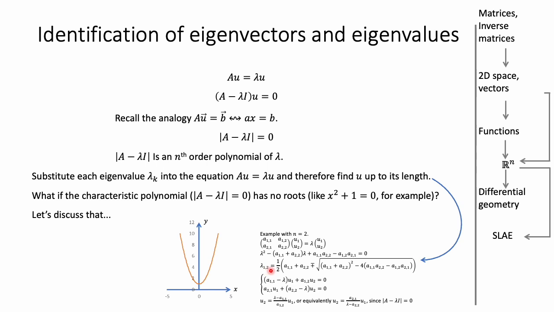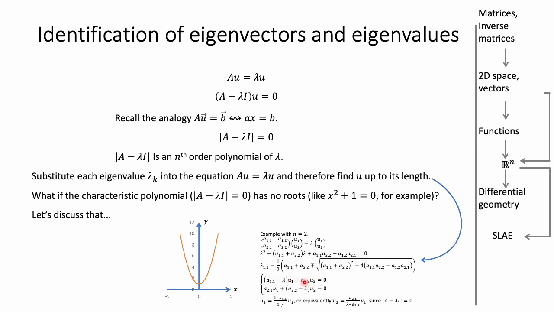We find lambdas. Here is the expression of lambdas from the formula of the roots of the quadratic polynomial. Then we use this value of lambda found here to identify the components of the vector u.